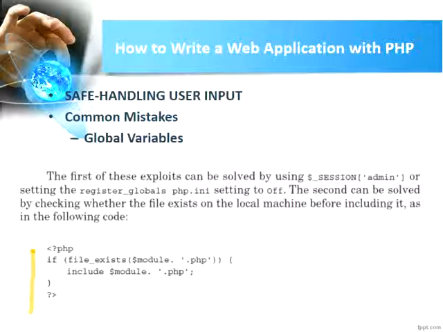So we solve this problem by checking whether the file exists on the local machine before including it, as in the following code. So before including a file in our code, as a developer, we must check if this file exists or not. Is it clear for you? Any questions?